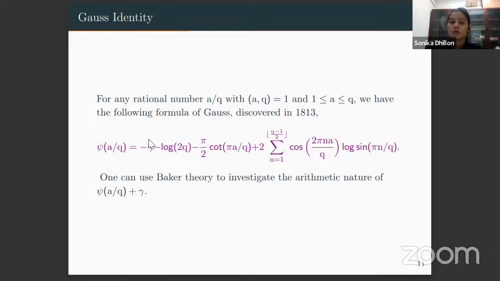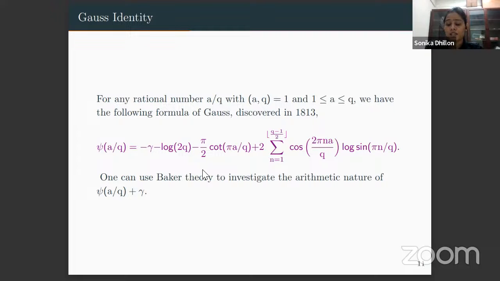Since we don't know the nature of the Euler constant gamma, we take it onto the left-hand side. Then we are left with a log linear combination of algebraic numbers plus a pi term. One can study the transcendental nature of these numbers using Baker theory, because Baker's theorem says that a log linear combination of algebraic numbers can either be 0 or a transcendental number.